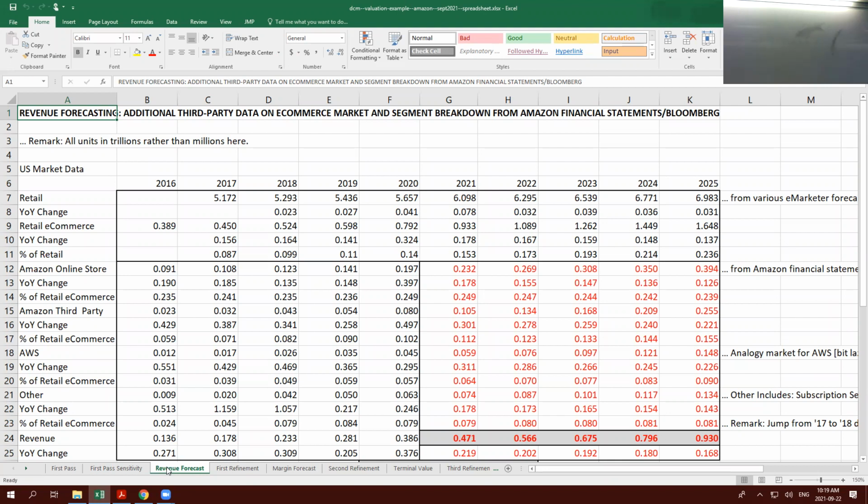So that's what I do here. I bring in extra data and look more carefully at Amazon's financials as well. In this case, I look at Amazon's financial statements and get information on Amazon's different business segments. It's got 4 main business segments.